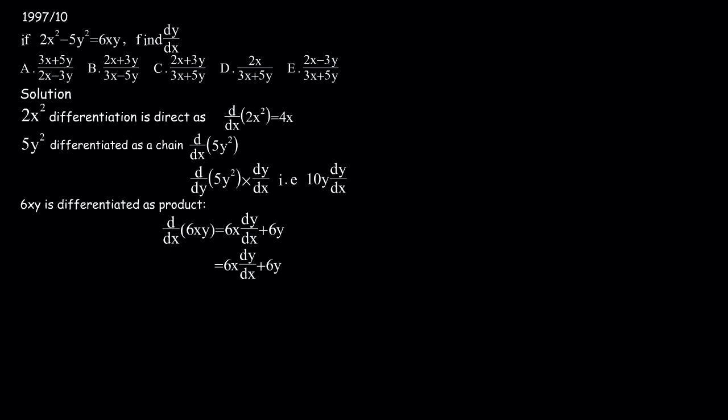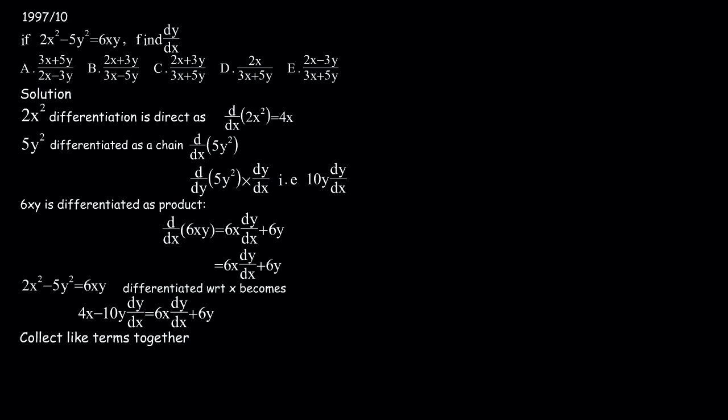Now adding everything together, it becomes 2x squared minus 5y squared equals 6xy. Differentiate to become 4x minus 10y dy over dx equals 6x dy over dx plus 6y. At this point, we are going to be collecting like terms. That's, we bring all our y dy over dx components to one side of our equation and the other component to the other side.